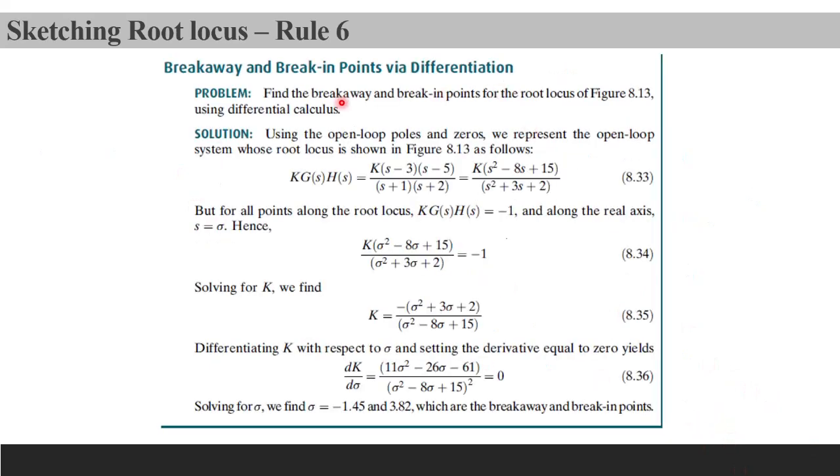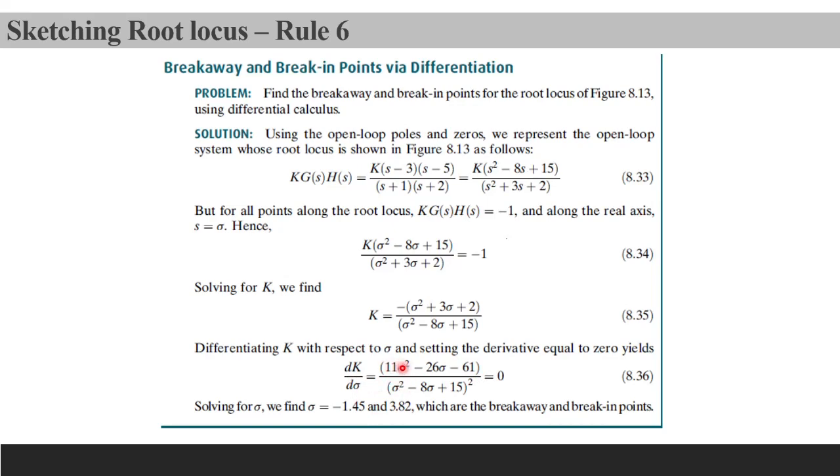This is an example in which there is one more thing additional, that there is also a break-in point mentioned here. There's nothing too complicated, just for your practice, that I have an open loop function here, and I derive the value for k as I did in the last case, and I have these values here and I take derivatives for k, and I'll find the values of s.